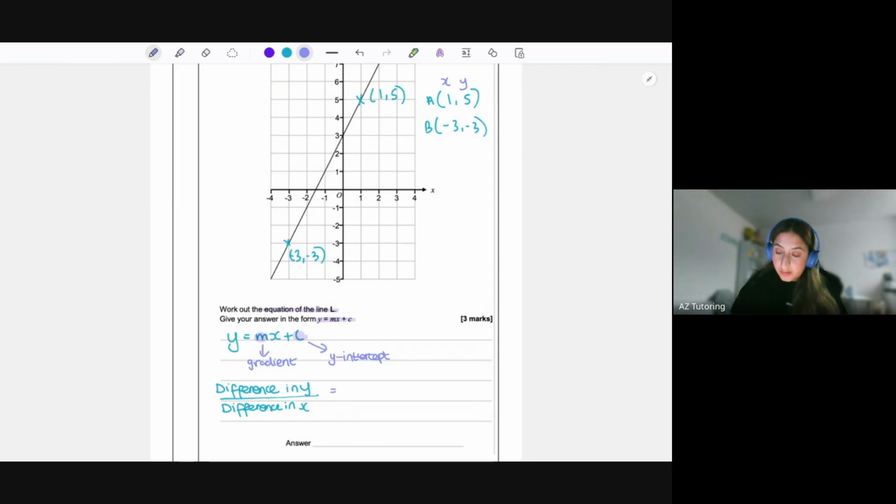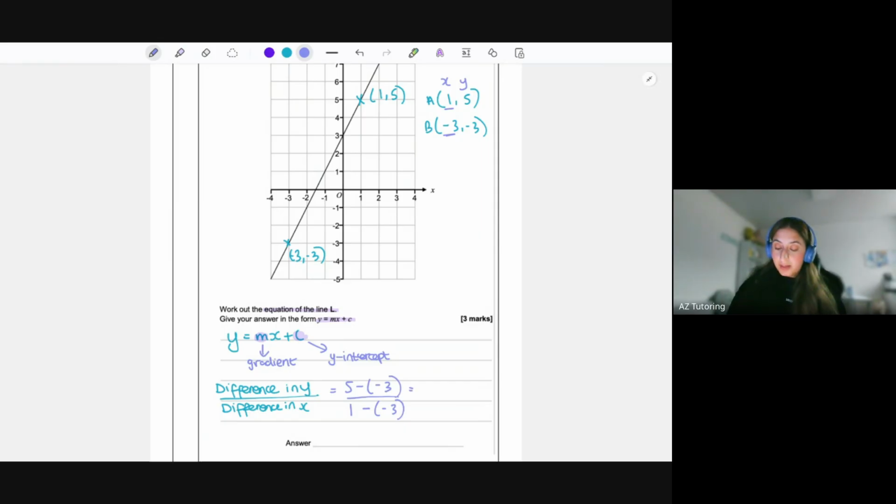So the y coordinates, I'm going to minus them. So I'm going to do 5 minus -3 divided by, sorry, 1 minus -3. So I'm doing A take away B.